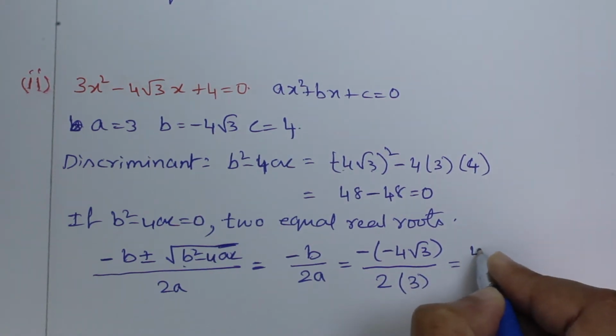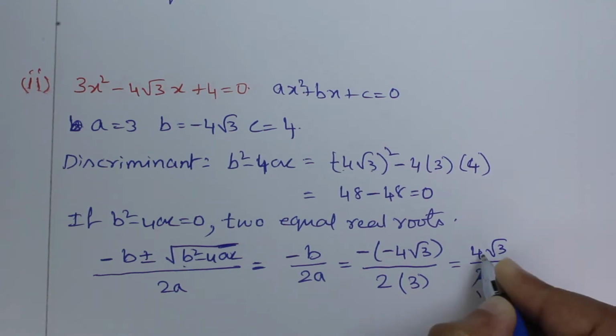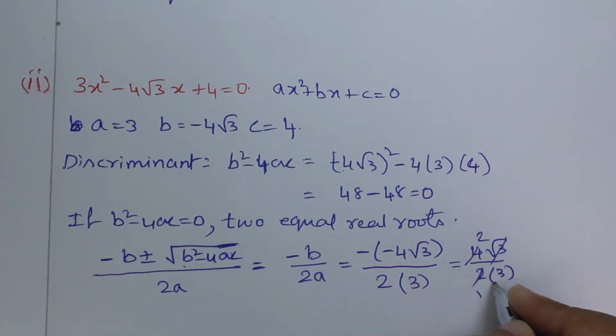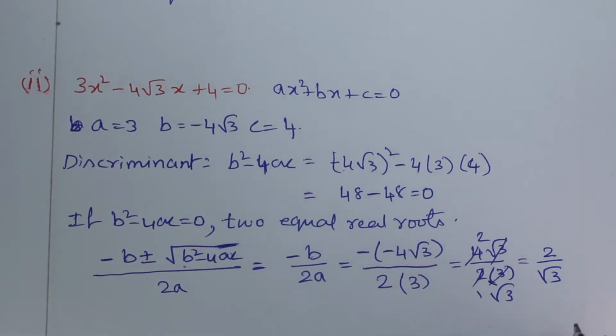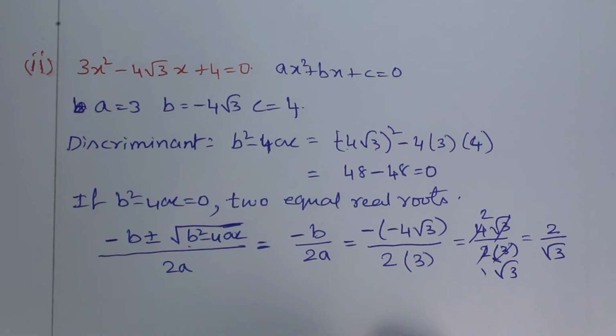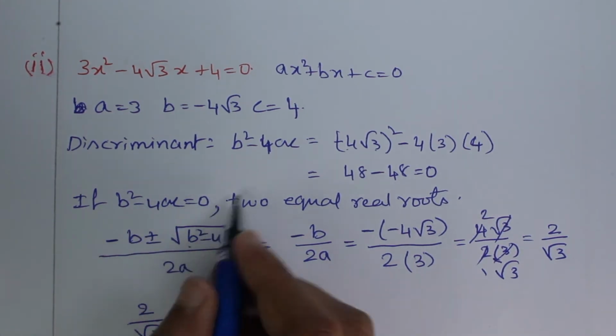That is equal to 4 root 3 divided by 2 into 3. 2 ones are 2, 2 twos are root 3, ones are root 3s. That is equal to 2 by root 3. So it has two equal roots, which are 2 by root 3, 2 by root 3. They are two equal real roots because b square minus 4ac is equal to 0.